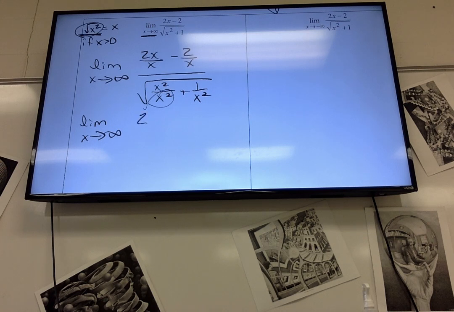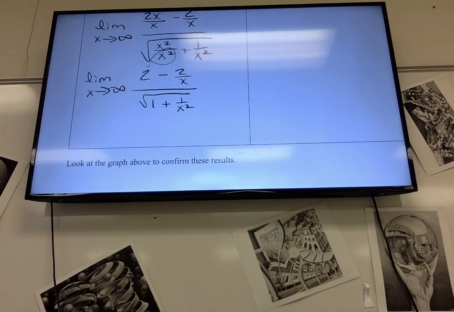So that's 2 minus 2 over x over the square root of 1 plus 1 over x squared. You okay so far? Yes. All right. Then we plug in infinity. So 2 minus 2 over infinity over the square root of 1 plus 1 over infinity squared.